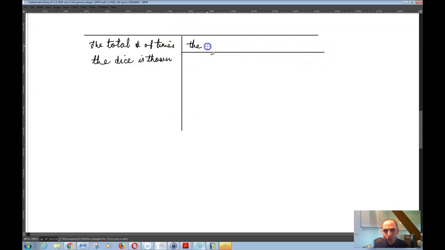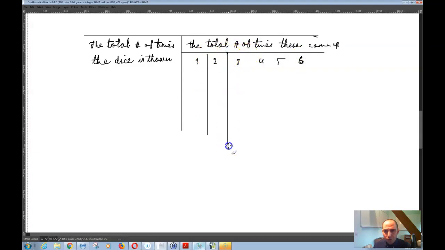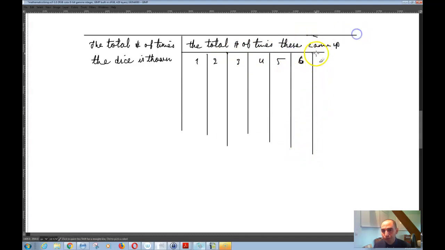And what that is, for example, you could have 1, 2, 3, 4, 5, and 6. And then you can record all of those observations over here.